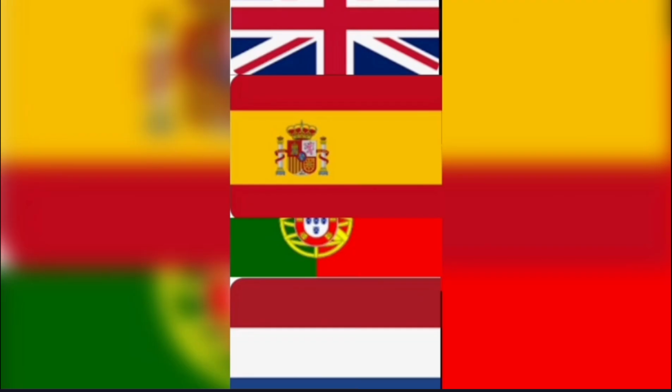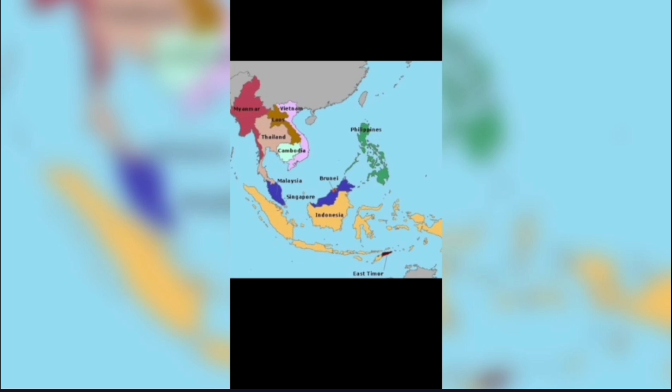English, Spanish, Portuguese, and Dutch left their linguistic footprints, shaping the languages through education, governance, and law. Today, Southeast Asia is a region where ancient languages coexist with modern tongues, where traditional scripts are typed on digital screens, and where the history of human migration is etched in every word spoken.